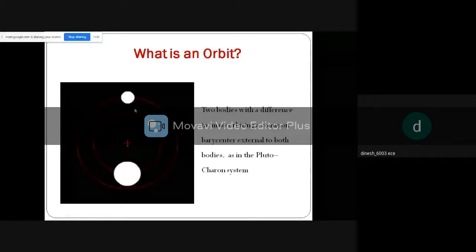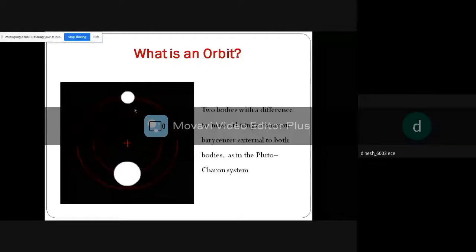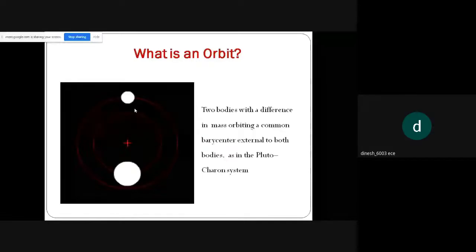Two bodies, whether celestial bodies, planets, or satellites, anything, as you have seen in the Pluto Charon system. So two bodies with a difference in mass orbiting a common barycenter, which is external to both the bodies, can be defined as an orbit.